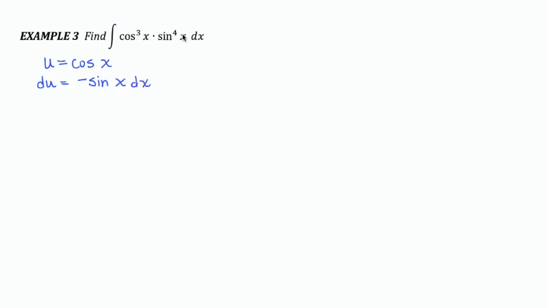I do need to worry about these exponents, of course. Or maybe I let my u be sine of x, in which case my du would be cosine of x. The point here is that when you're thinking about whether to try substitution, you want to think about what one of your functions is and what its derivative is going to be, and whether or not those show up.